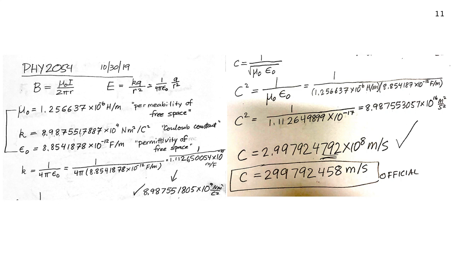So let's calculate this. What I'm going to do is calculate just 1 over mu naught times epsilon naught.